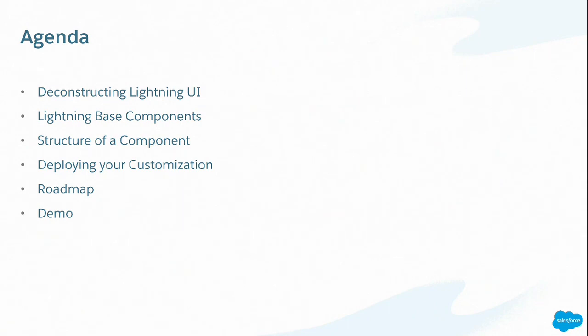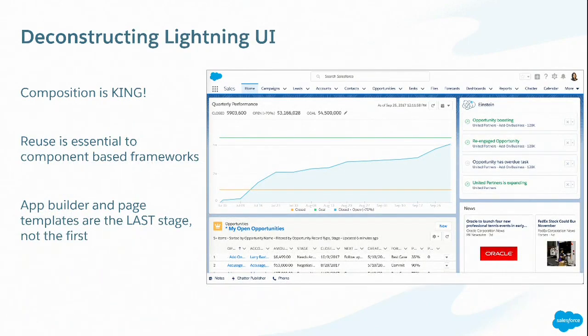That's different now. That's the change in the front-end technology stack. We're going to introduce you to a bunch of the components, the structure of it, and how to finally deploy it, which I imagine all of you probably know at this point. I'll talk a little bit about the roadmap, but again, we're going to spend a lot of time in code.